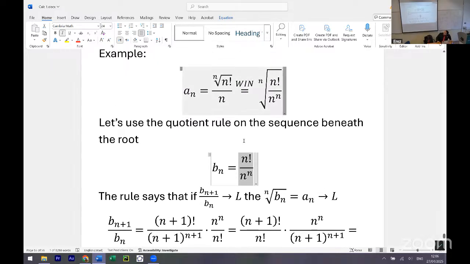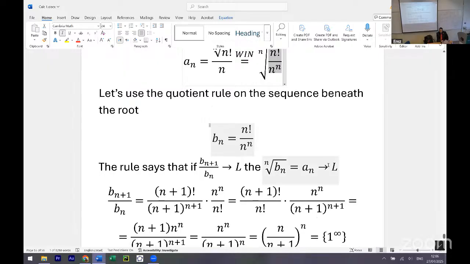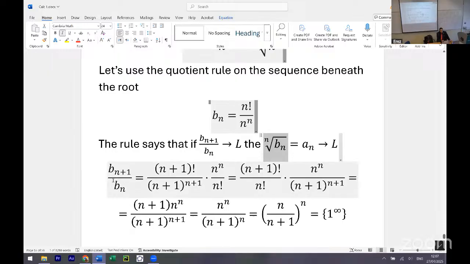If the quotient of the expression underneath the root tends to L, then the root itself tends to L. That's part of the quotient rule. So we try to calculate the limit of the quotient, the ratio between the next element of the sequence over the previous element.